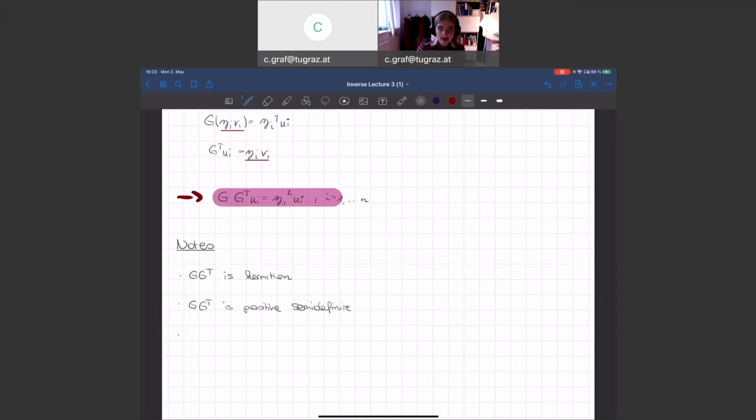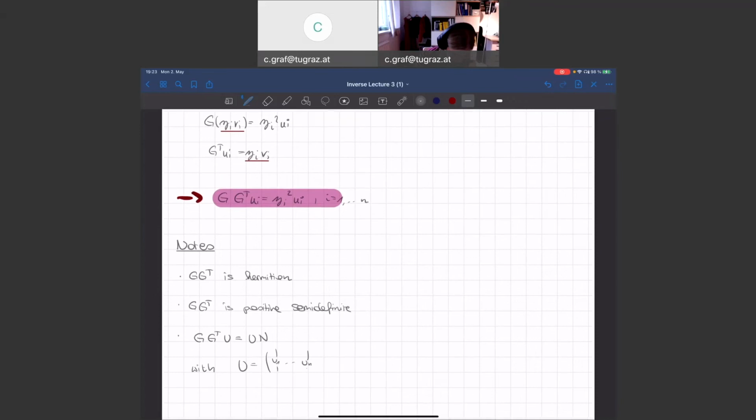And like before, we define a matrix notation once again. So we end up with T transpose u equal to u times n, whereby u contains the vectors u1 to un, and n is the diagonal matrix with the eta i's.